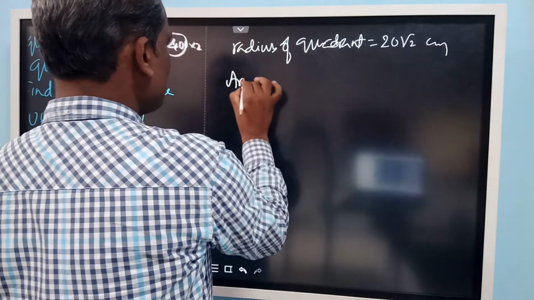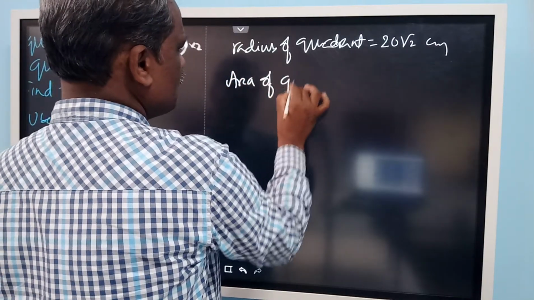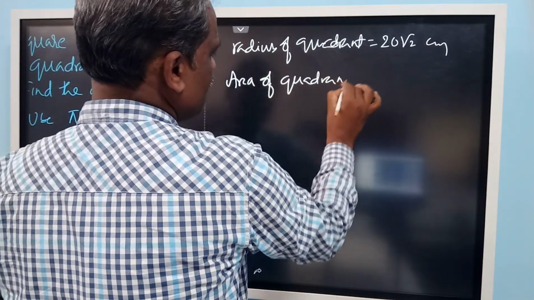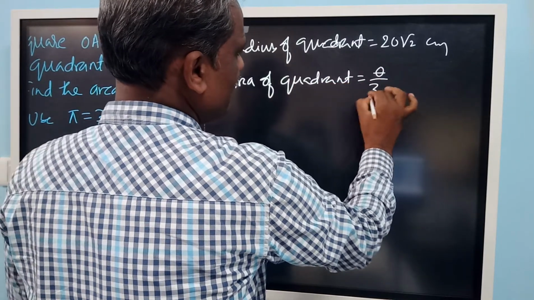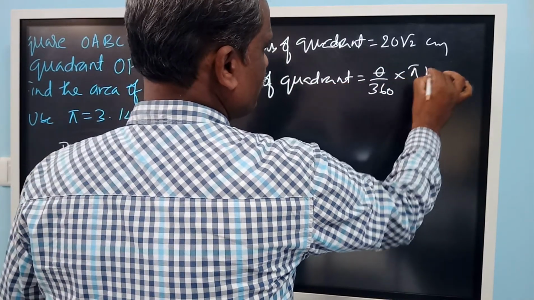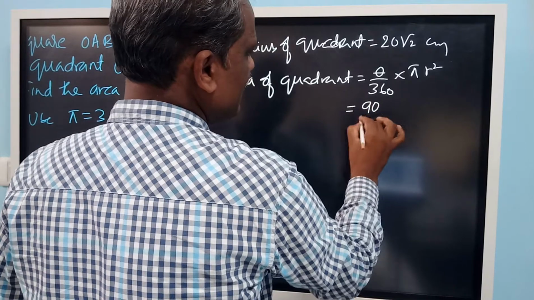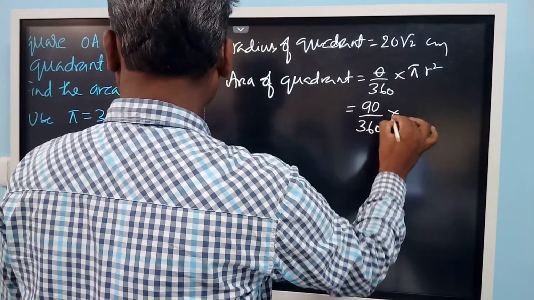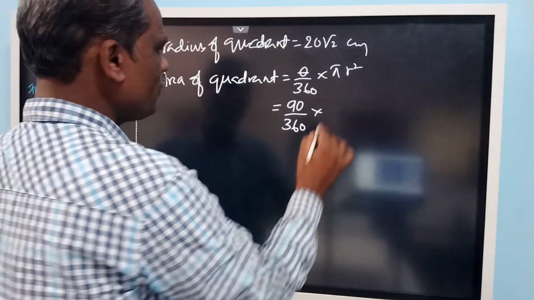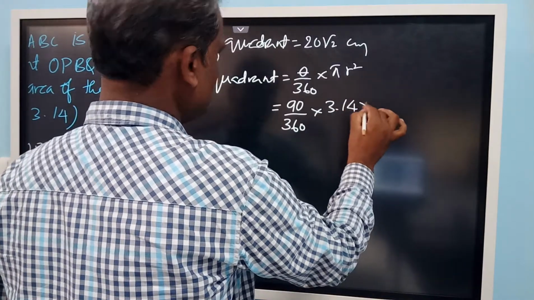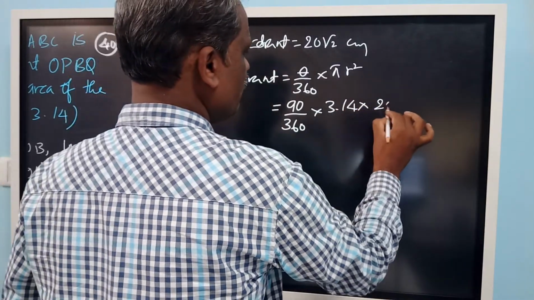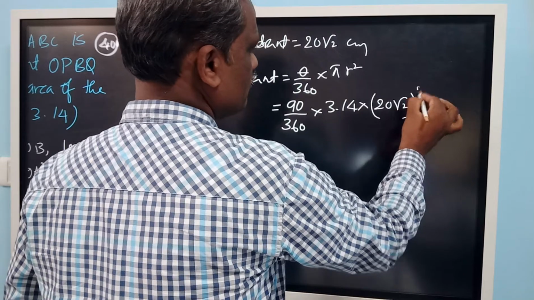Now you can find out the area of the quadrant. Area of quadrant is equal to theta divided by 360 into pi r square. Quadrant is 90 degree, 90 by 360, and they told us to use 3.14. Radius is 20 root 2, whole square.